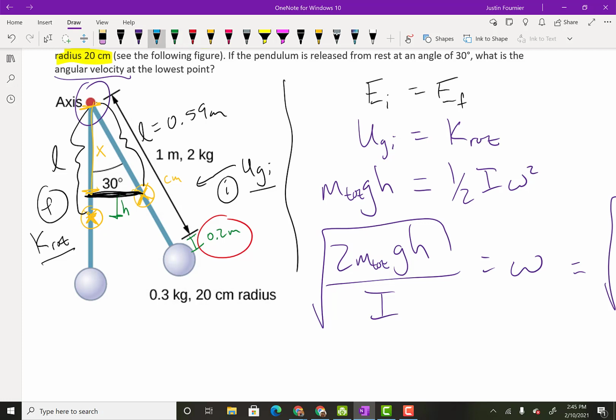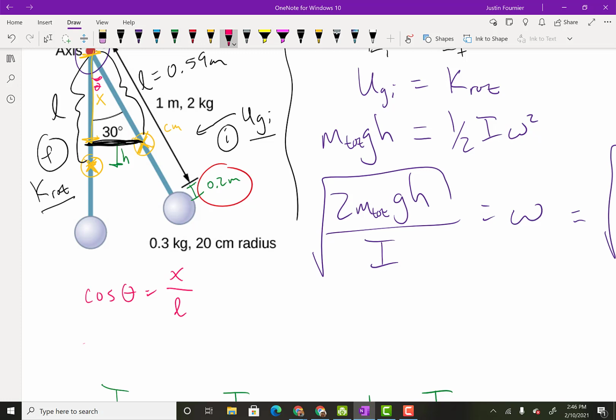If I know this angle here is 30 degrees, so cosine of my angle is going to be X, that's the adjacent part, over the hypotenuse, which is L. So L cosine theta equals X.